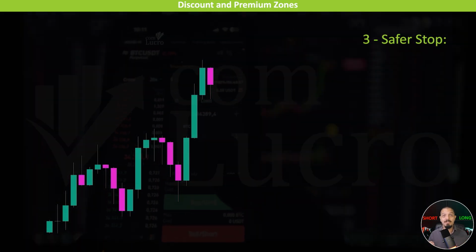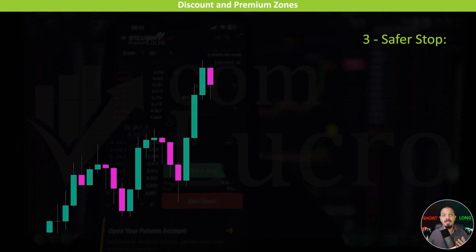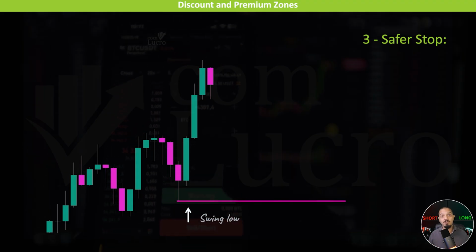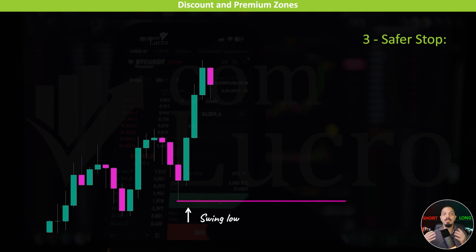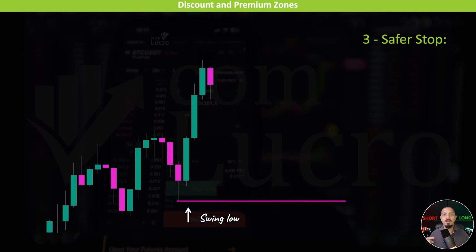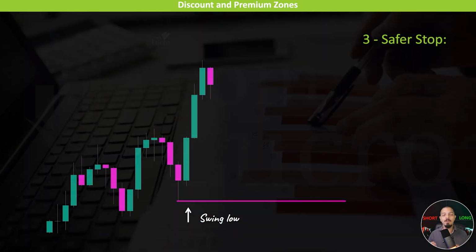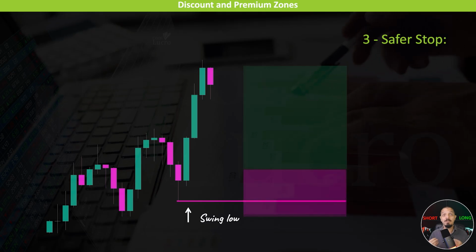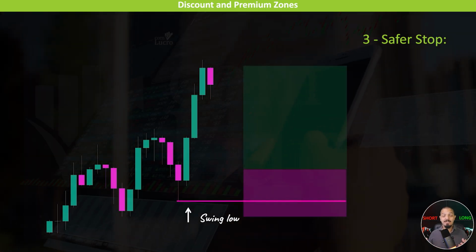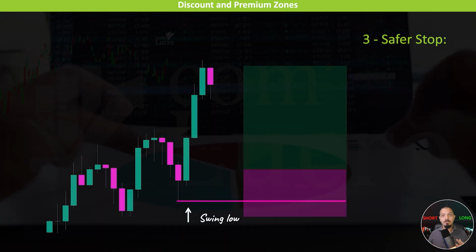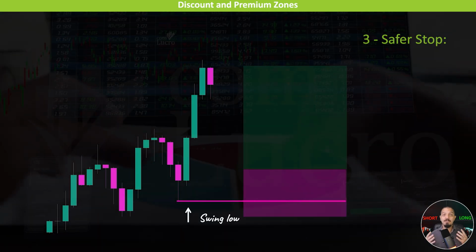The optimal price level to set our stop loss, ensuring safety from market fluctuations, is below this swing low. If the price breaks through this level, we will experience a market structure shift. Therefore, the bulls will do their best to support this level. Hence, the closer your stop is to this level, the safer it is.